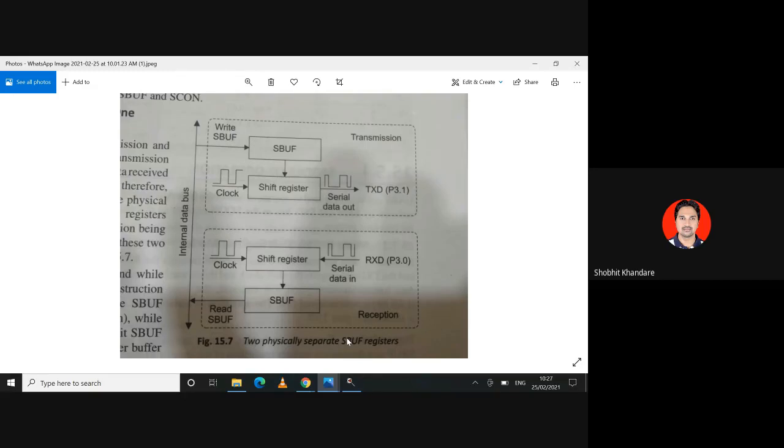It has separate SBUF registers for data transmission and for data reception.